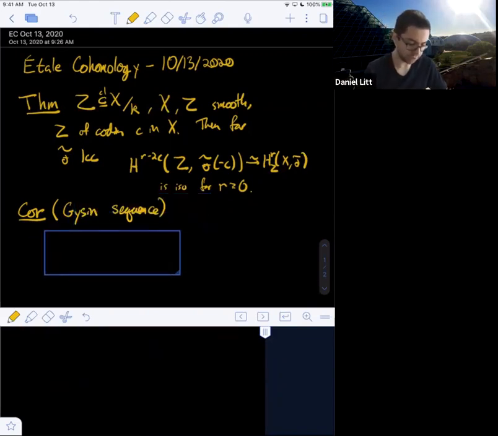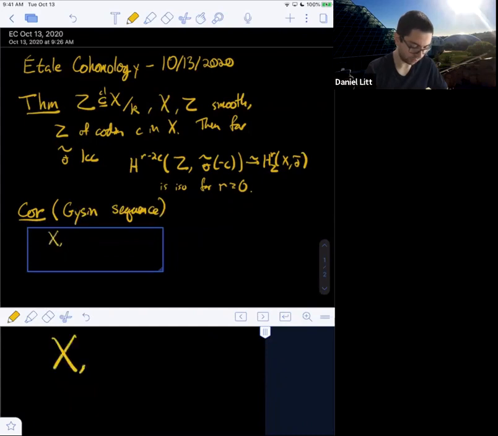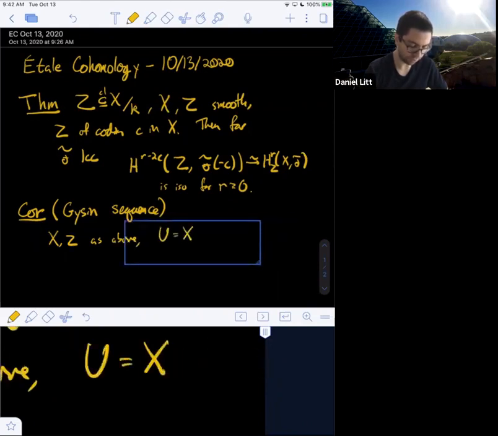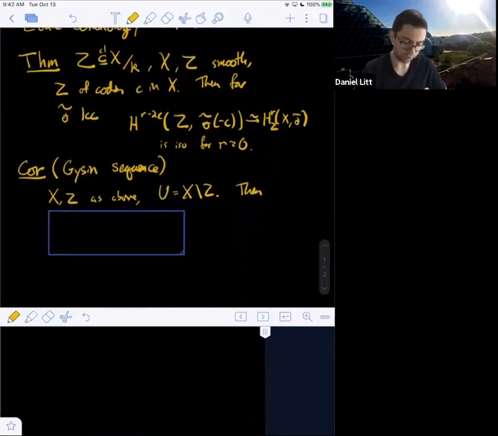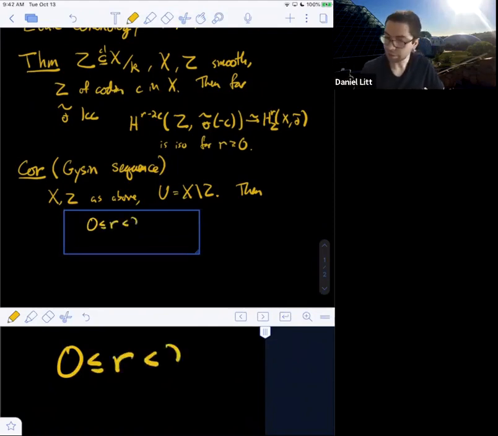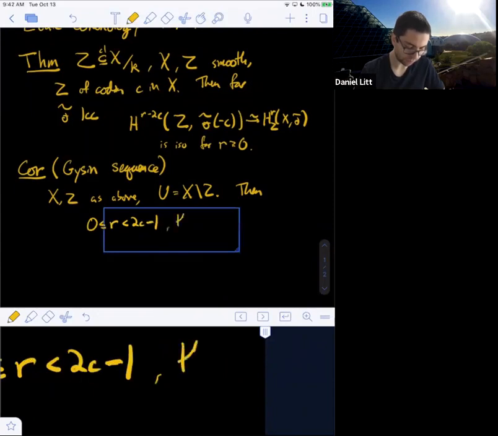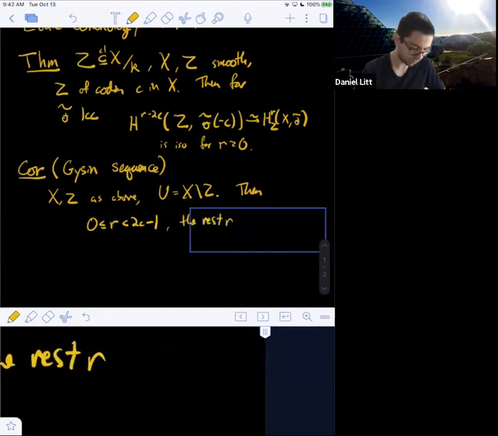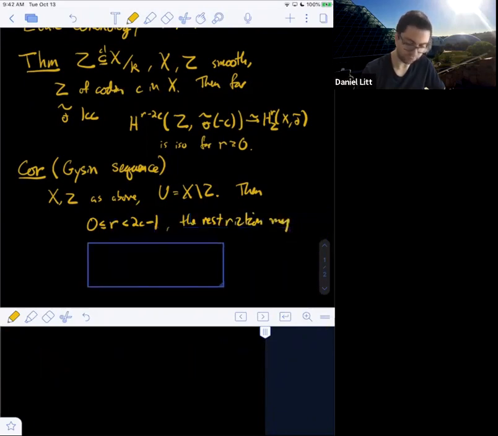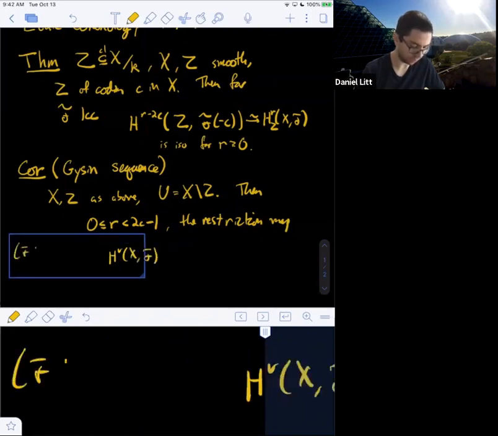So suppose I have X and Z as above, and U is the open complement of Z. Then, first of all, there's an isomorphism for 0 less than or equal to r less than 2c minus 1: the restriction map from the cohomology of X with coefficients in F as above.